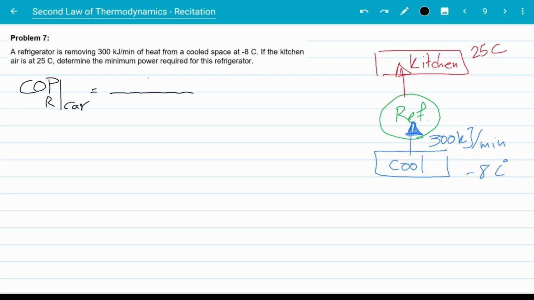it is 1 over TH over TL minus 1. Now, TH is the temperature of the kitchen, and TL is the temperature of the cool space in Kelvin.